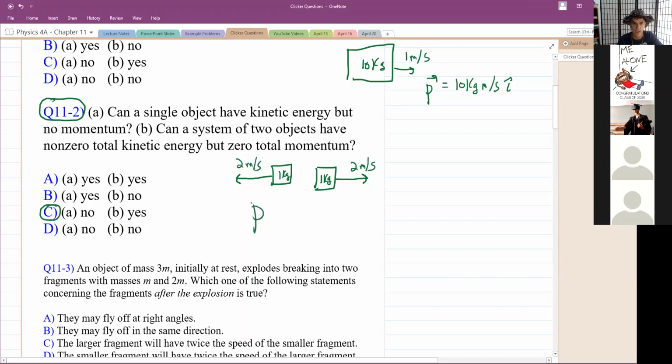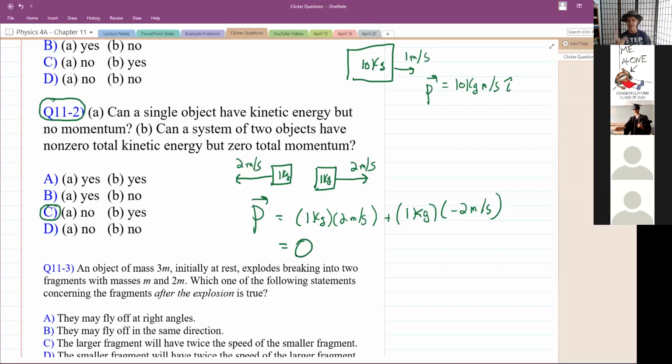If I were to calculate the total momentum of this system, it'd be the momentum of this first one, 1 kilogram times 2 meters per second, plus the momentum of the second guy, 1 kilogram. But I have to include a negative sign for the velocity because momentum is a vector, which means it has a direction. So if something's moving to the left, the velocity is negative, which means the momentum is negative. So here, the total momentum of the system is 0, but the total kinetic energy is not.